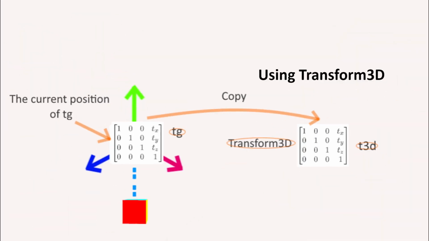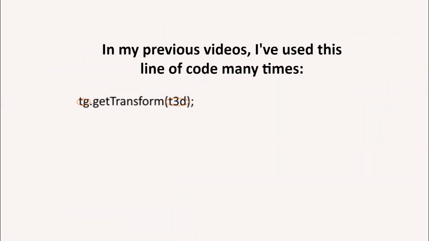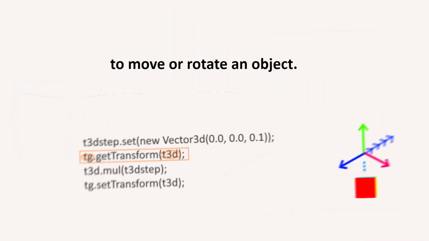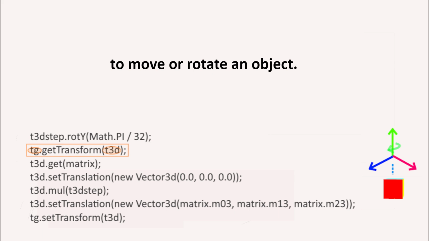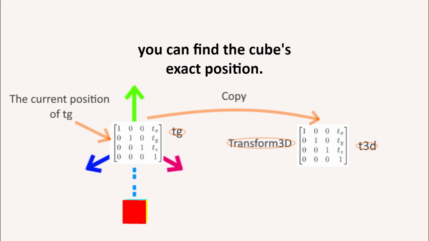Using Transform3D allows us to determine the x, y, and z coordinates of the cube's local coordinate system. In my previous videos, I've used this line of code many times to move or rotate an object. By combining this code with this code, you can find the cube's exact position.